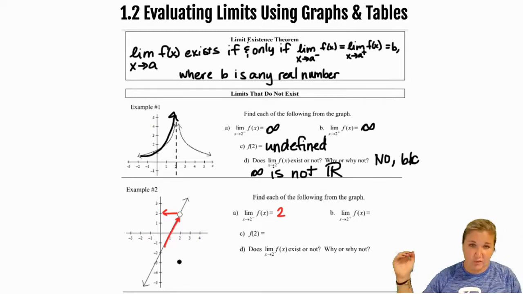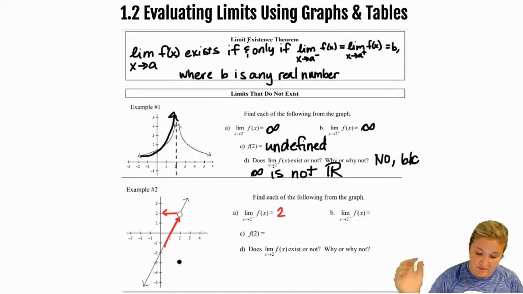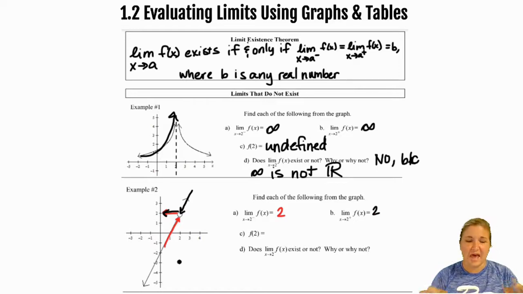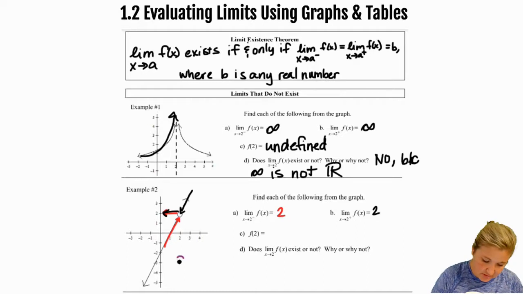Then as x approaches 2 from the right, it's also approaching that same y value, which is 2. But what is f of 2?